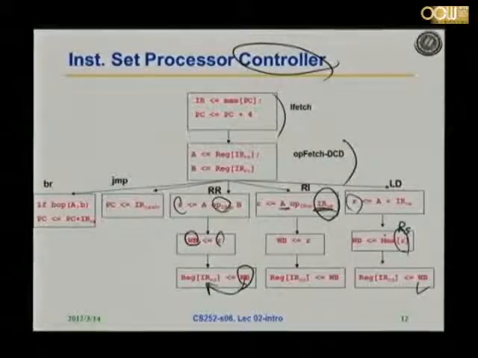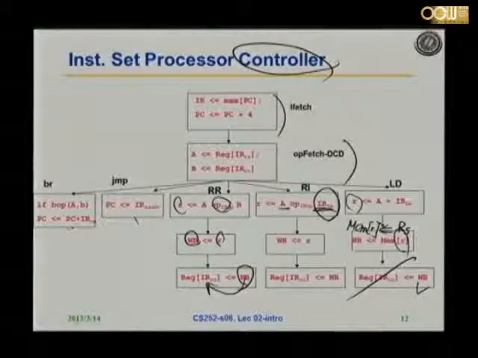Register source, write to memory, pointed at by R. And for store, we don't need this stage. Okay, and for jump, we do this, and for branch, we do this. So all types of instructions have been implemented in our controller.